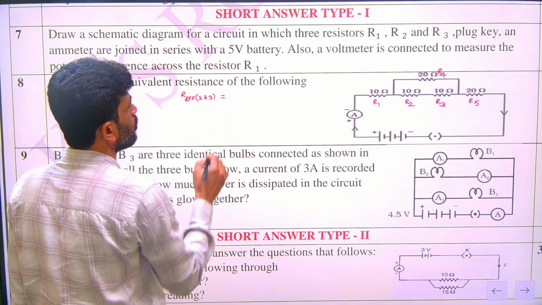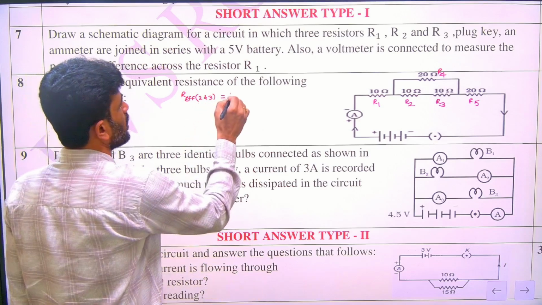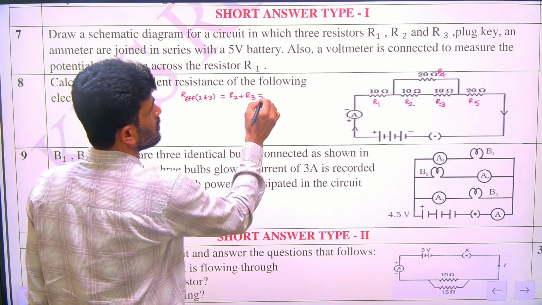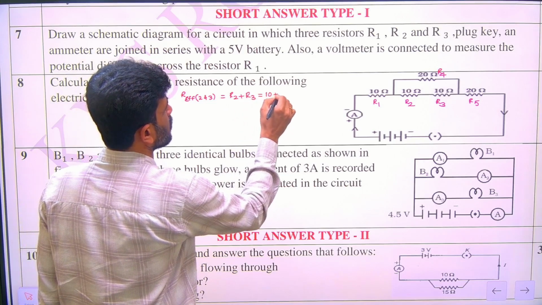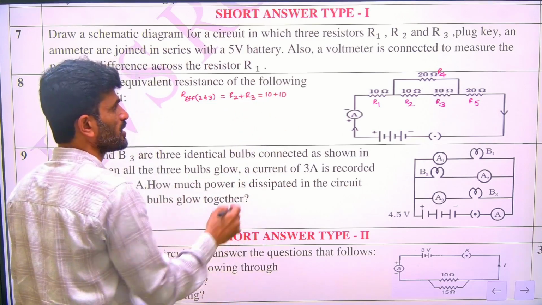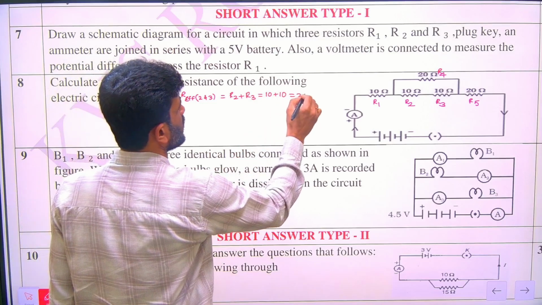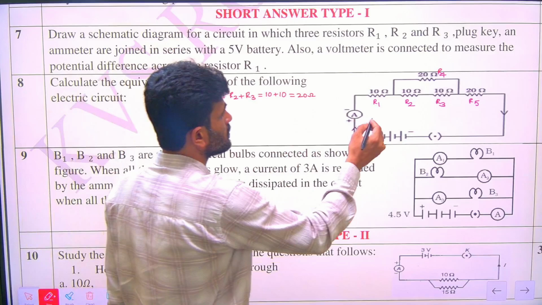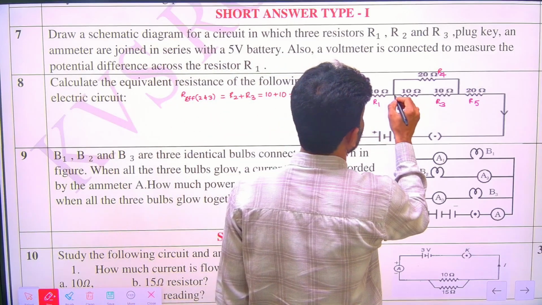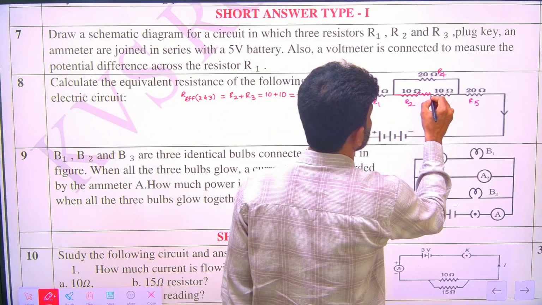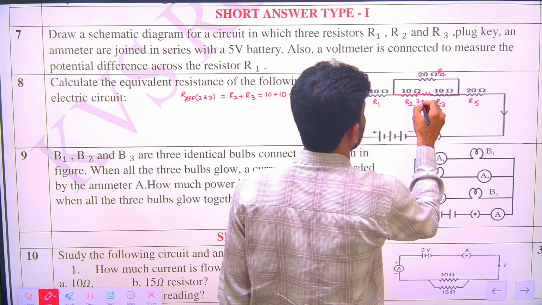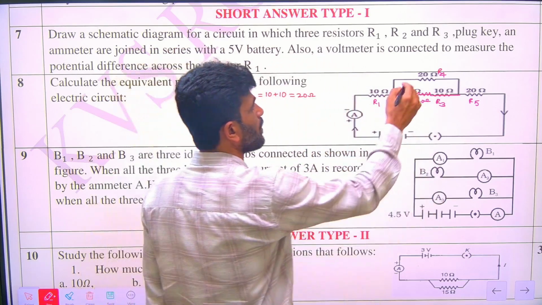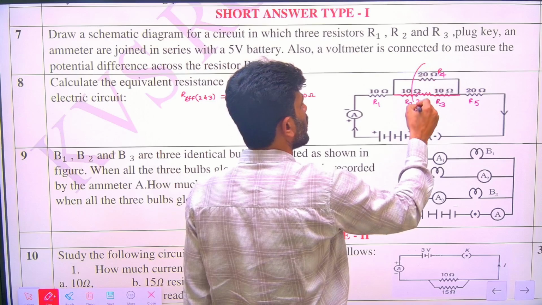They are both connected in series, so it is R2 plus R3, which is nothing but 10 plus 10, 20 ohms. Now this has become a single resistance of 20 ohms. This single resistance of 20 ohms is in parallel with another 20 ohms. These two we have to find out.